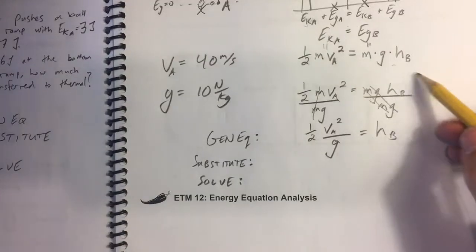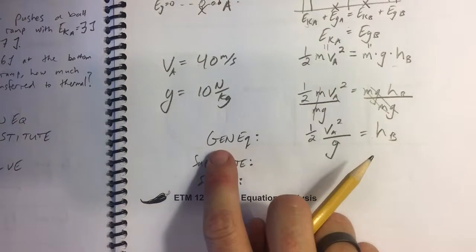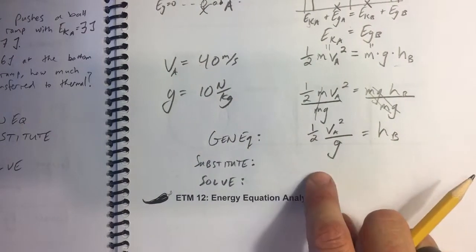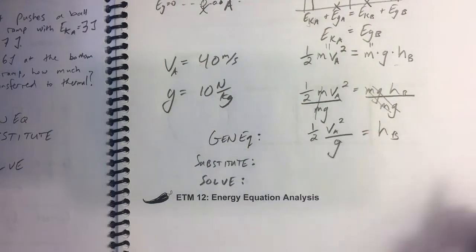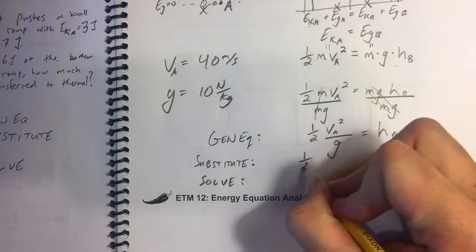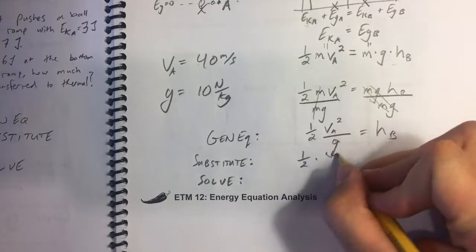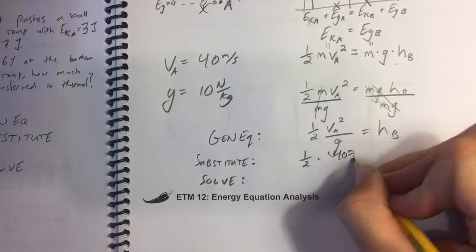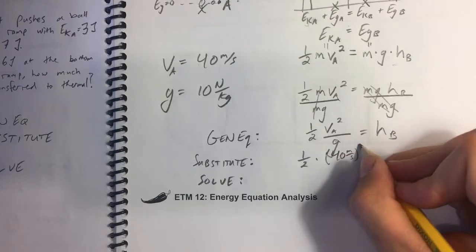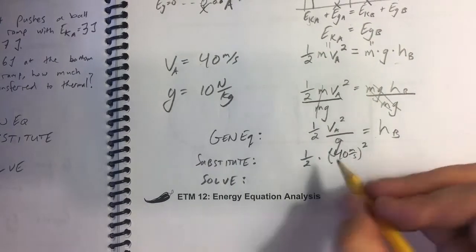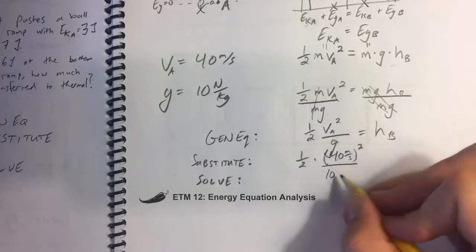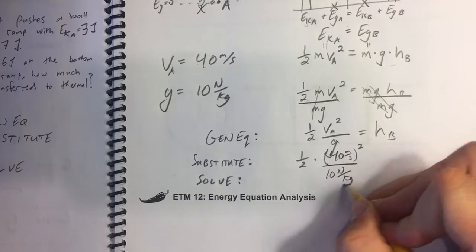Notice I had to do a little bit of funny manipulation to get my general equation before I did any substitution, but once I got it, it's pretty straightforward. 1/2 times 40 meters per second, and I'm going to make sure that I square this, divided by 10 newtons per kilogram.